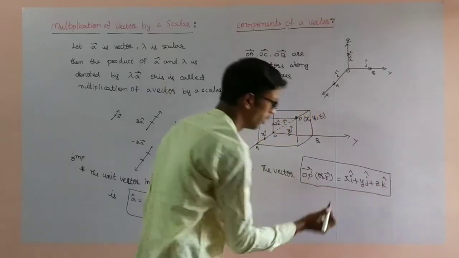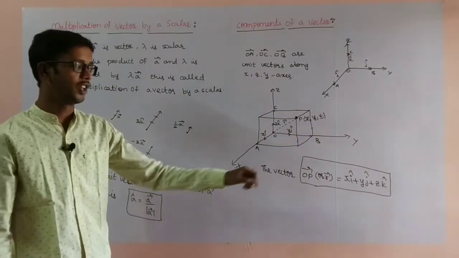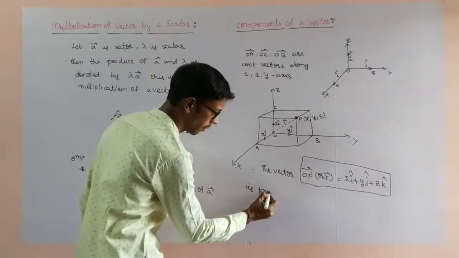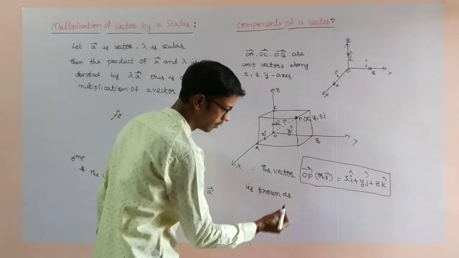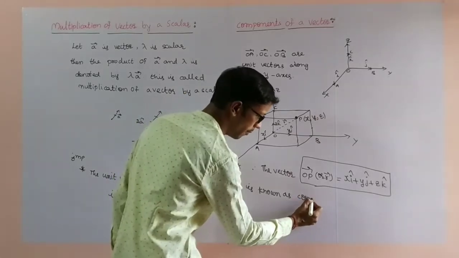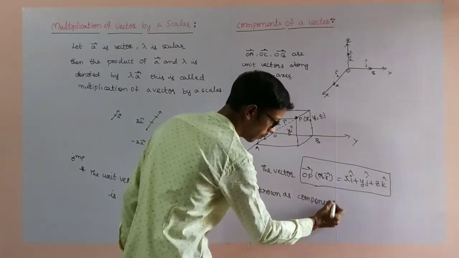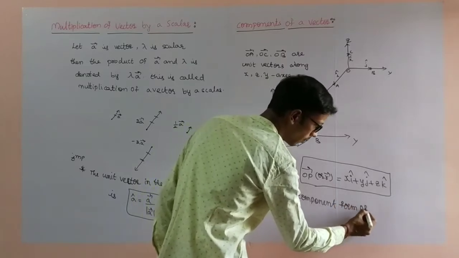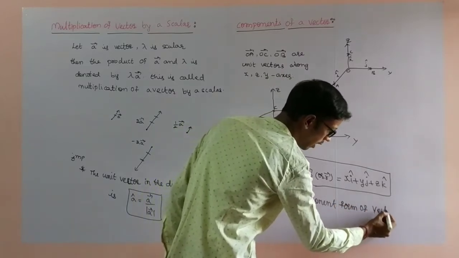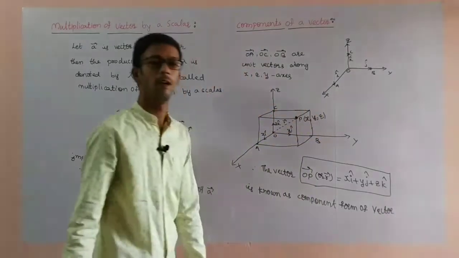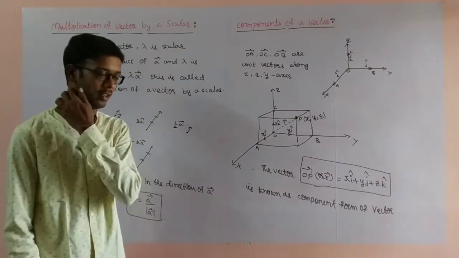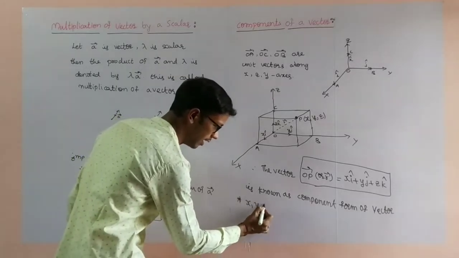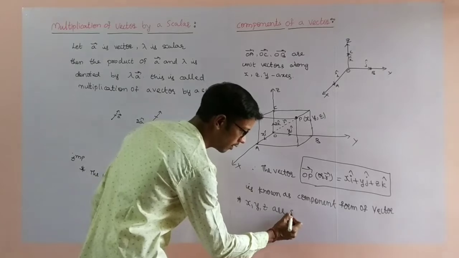X I cap, y j cap, z k cap is known as the component form of a vector. X, y, z are scalars.